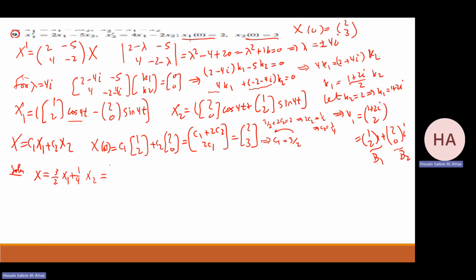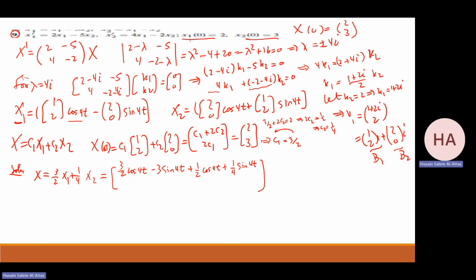Multiply 3 over 2 by x1: I have 3 over 2 cosine 4t minus 3 sine 4t. Multiply this by 1 over 4: plus half cosine 4t plus 1 over 4 sine 4t.